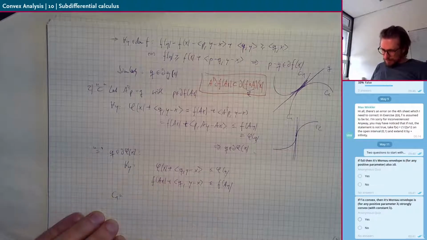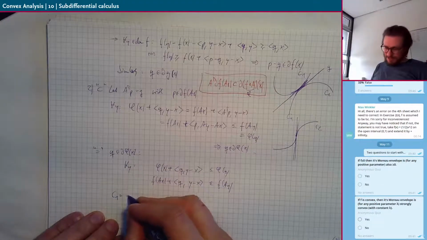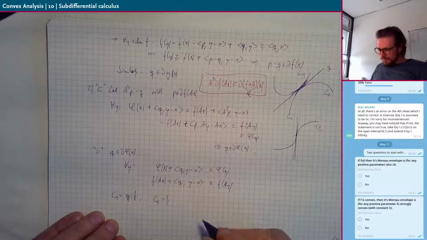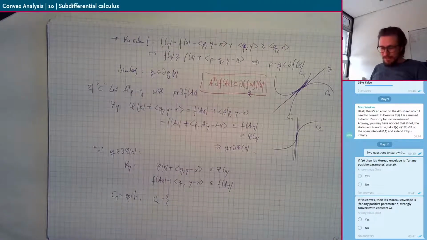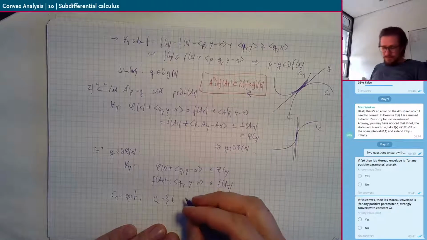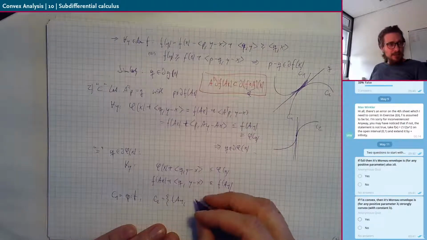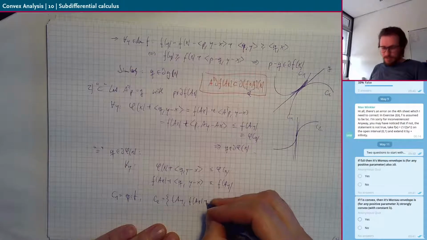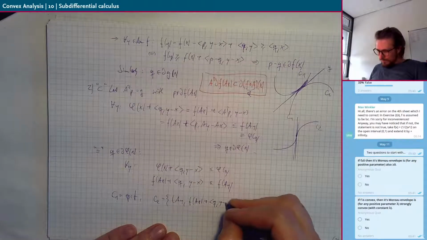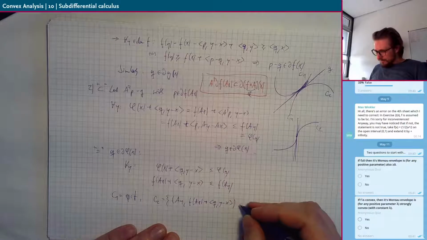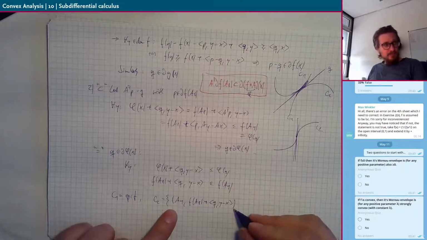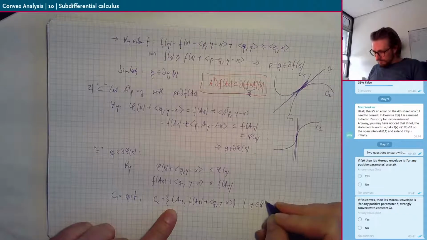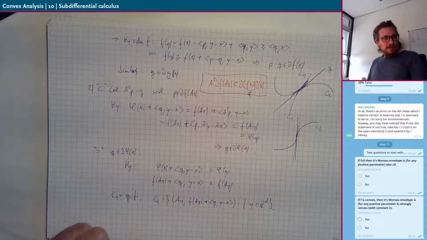Our set C1, which we're going to use, is just the epigraph of f, and the set C2 is a little bit more complicated. It's the set of pairs Ay here, and then here we use f of Ax plus q times y minus x, for all y in R^d.